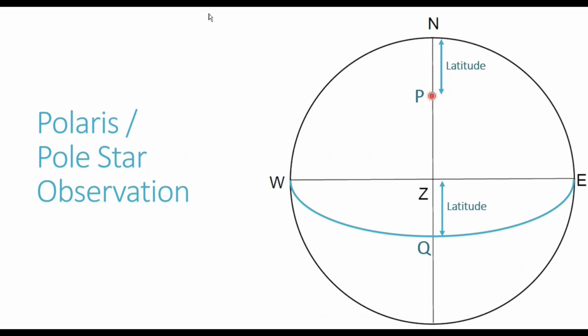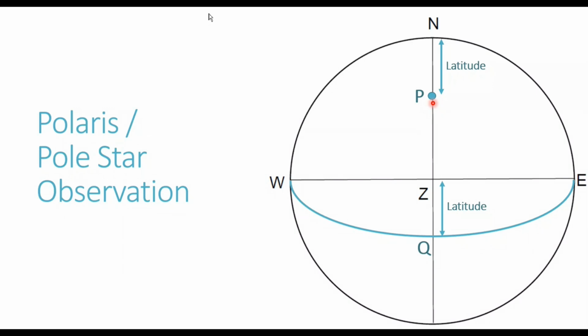But since it is not exactly where the pole is, it is slightly away from the pole, the altitude we get from the observation of Polaris is also not exactly the same as our latitude. There is a small difference between the two.